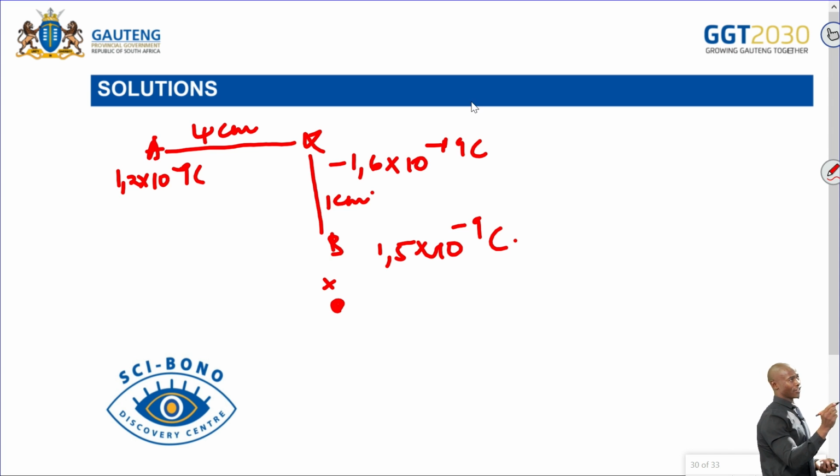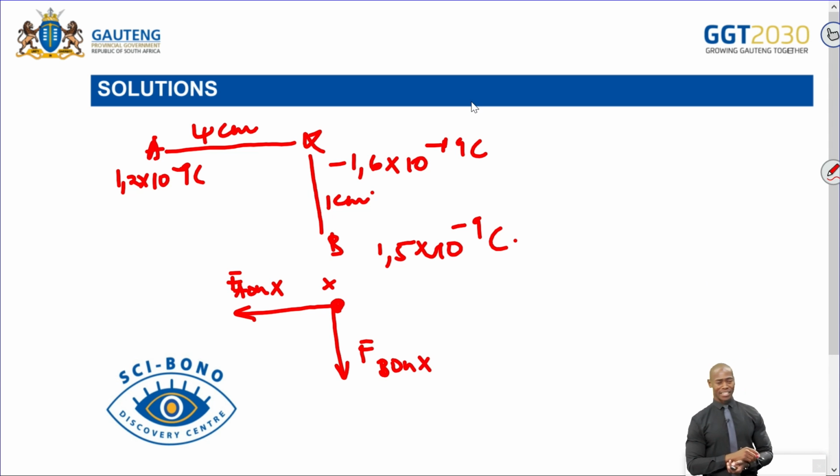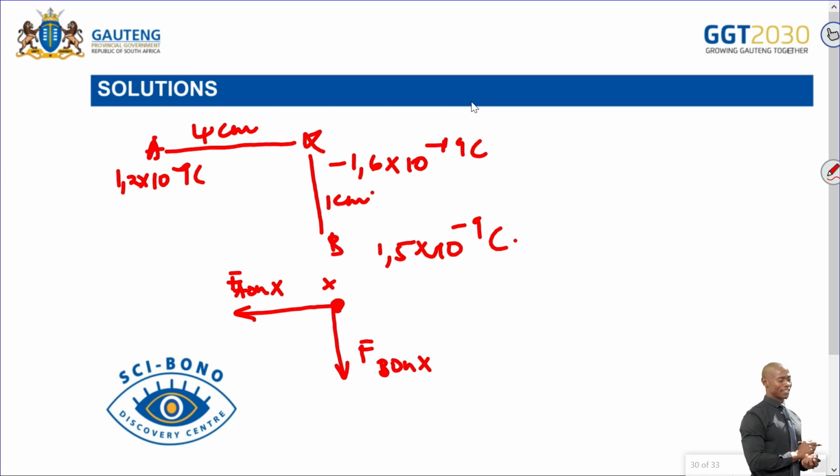So there's force of attraction between X and A, like this. This is the force that A exerts on X, right? And then again there's attraction, you see? So there's force that B exerts on X. Already we have calculated the magnitudes, right? The magnitudes will be the same because I didn't change the distance. So the magnitude of this one is the same as the one that we calculated.